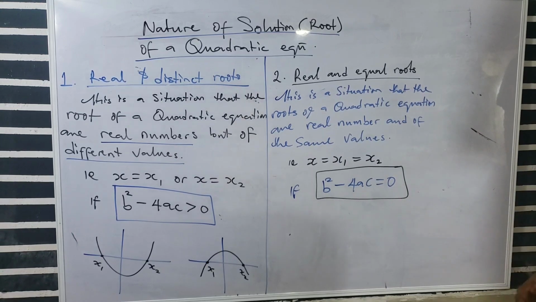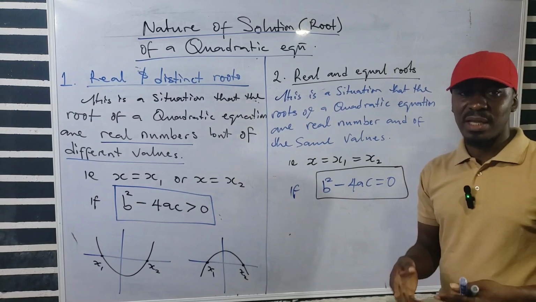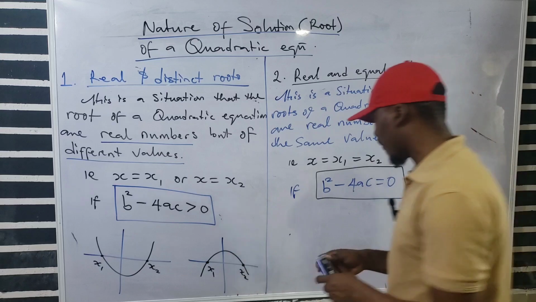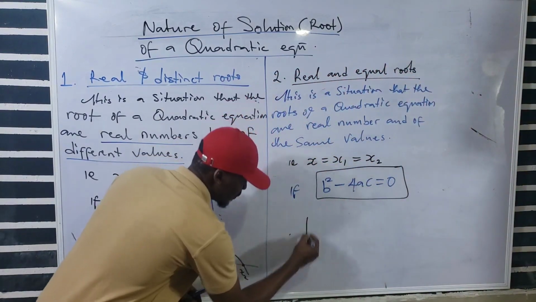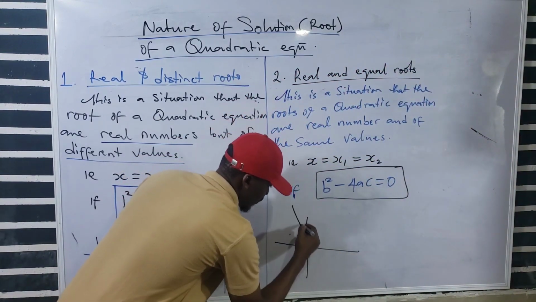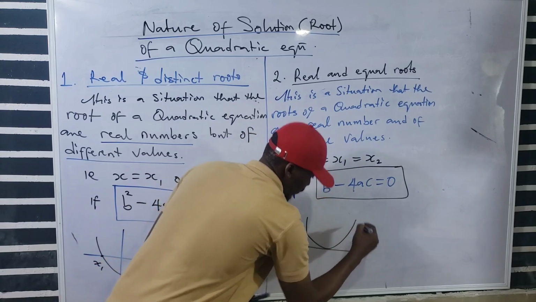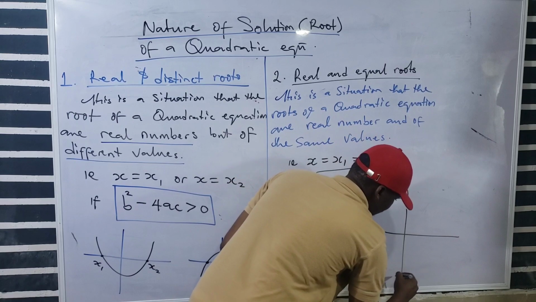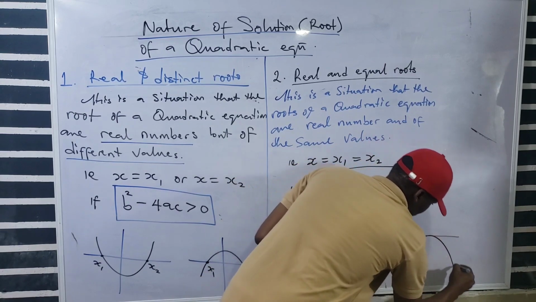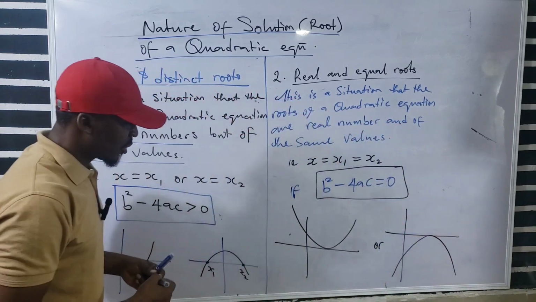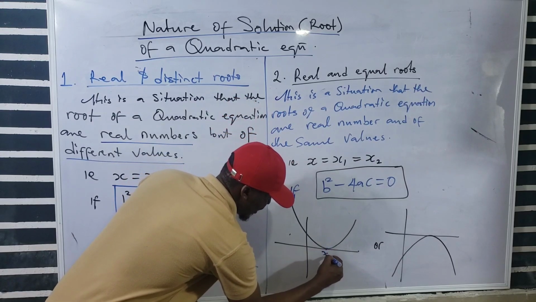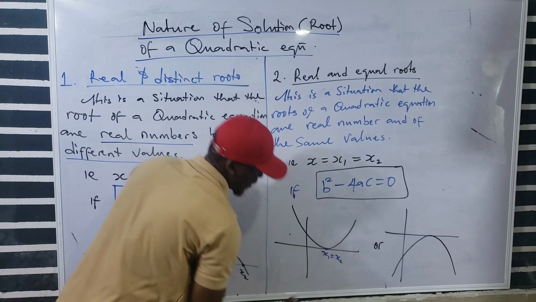Now, when you plot your graph, what kind of graph will you get to know that this is a real and equal root? If your graph is of this nature, or of this nature, you will notice that the curve touches the x-axis only at one point.